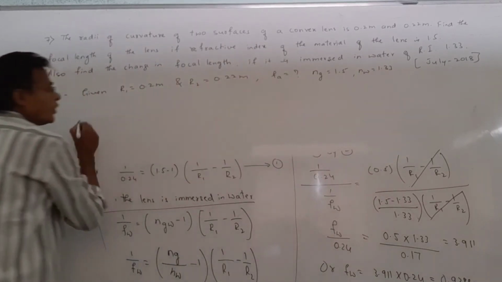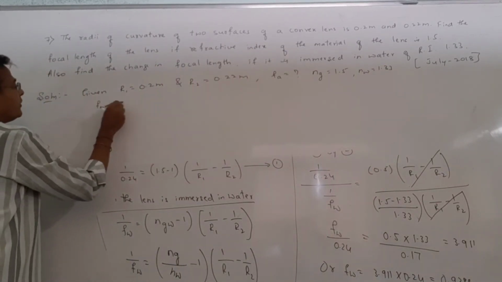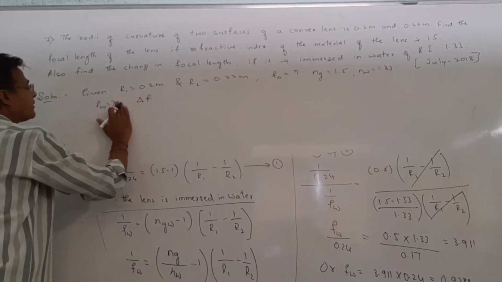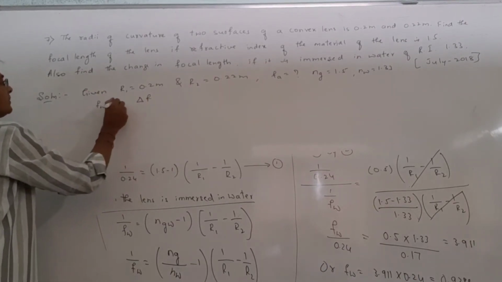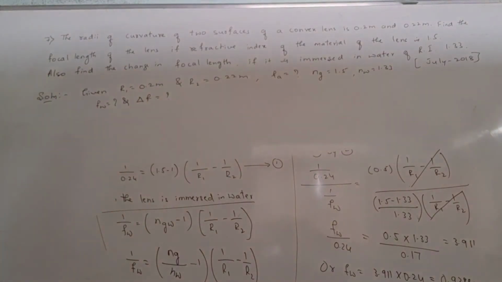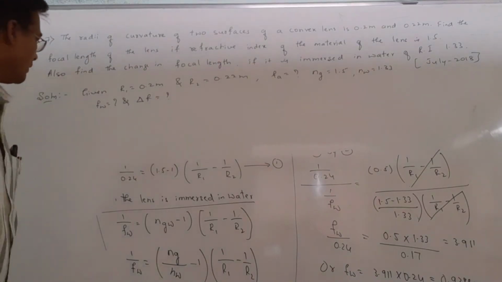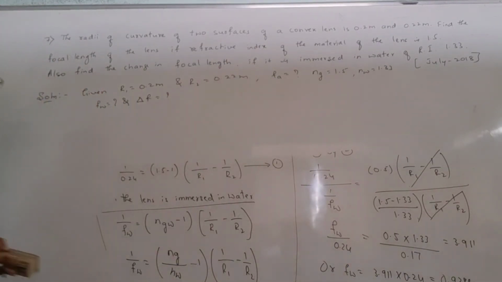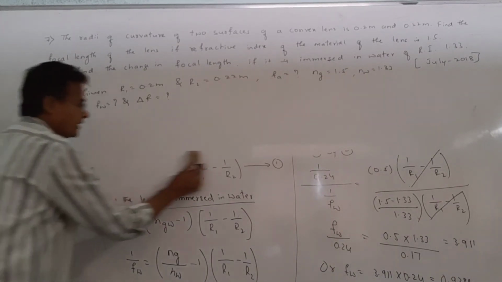So we have to find out FW, and also delta F. Both FA and FW we have to find out.